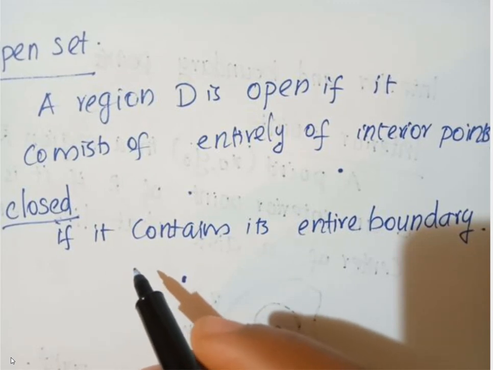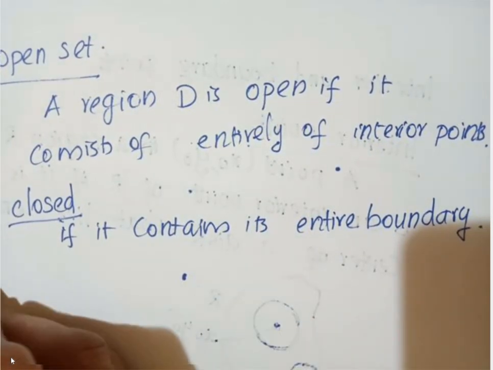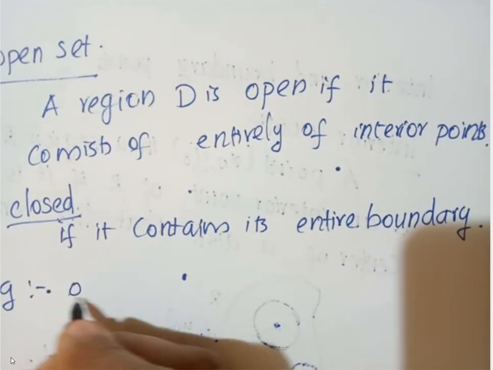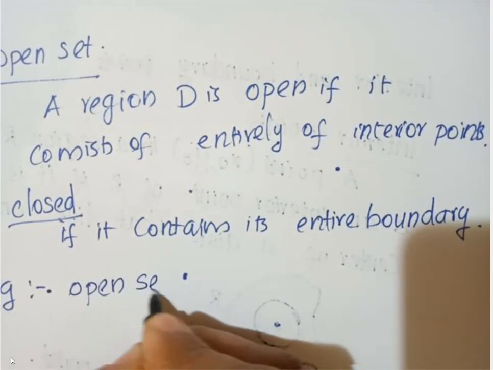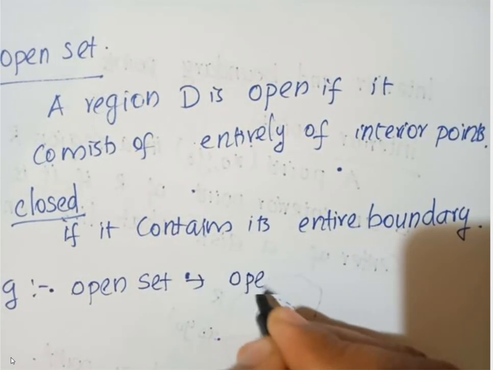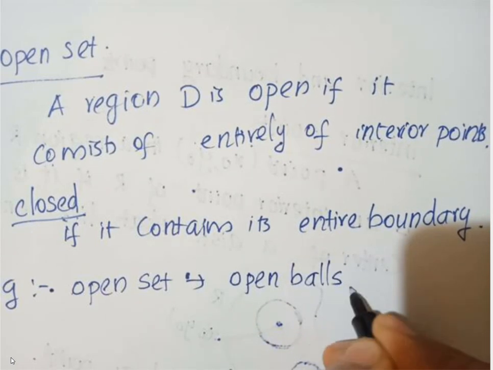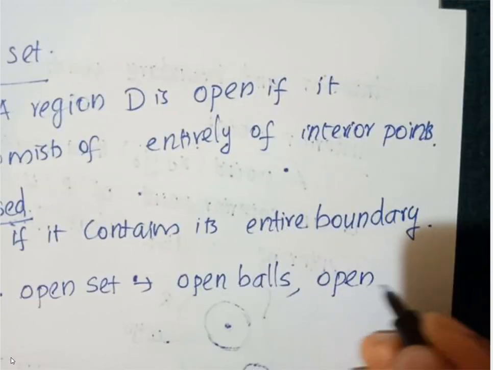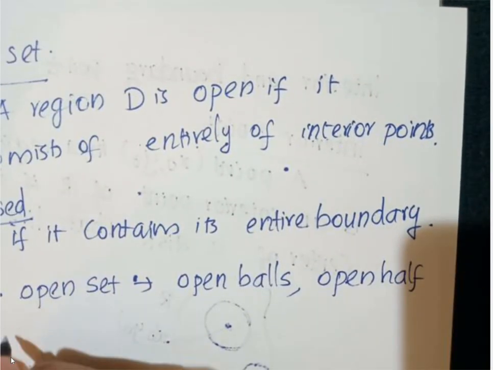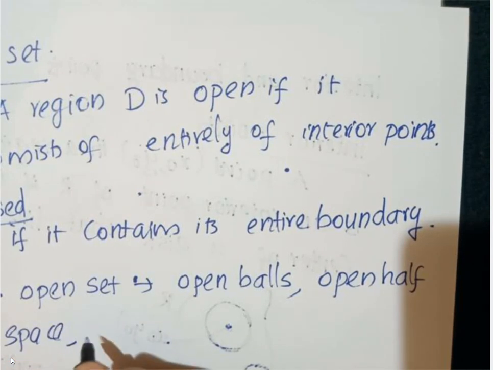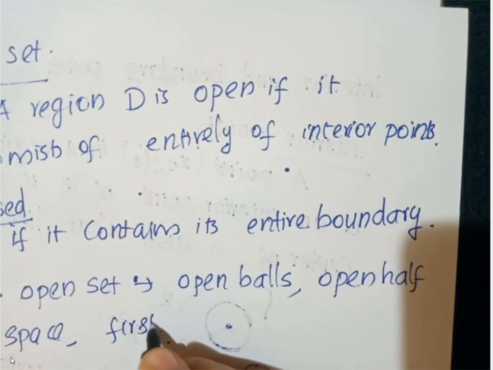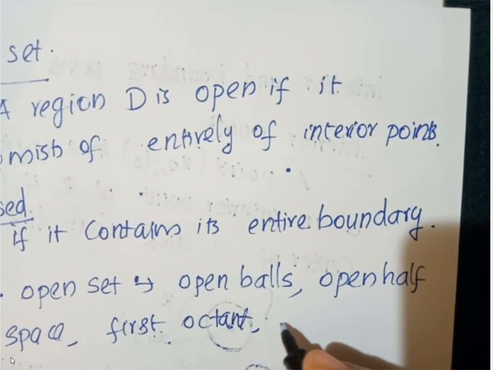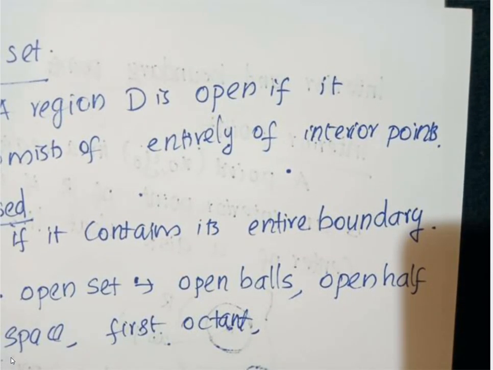Examples of open sets: open balls will be one example, open half space will be another, etc. These are examples of open sets.